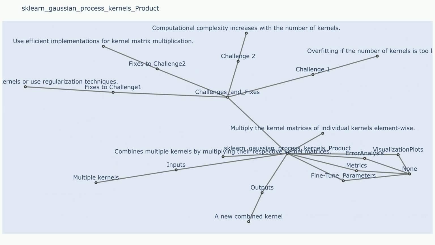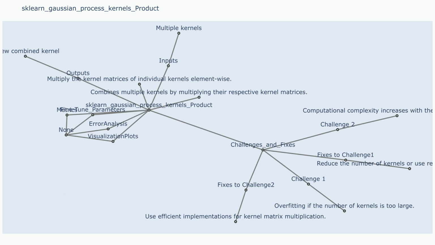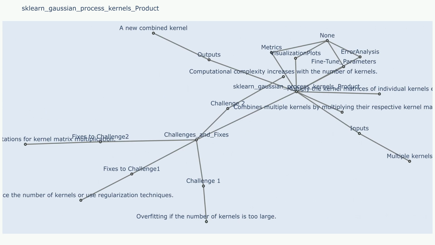Metrics. Metric 1: negative log marginal likelihood (NLML) measures the goodness of fit of the Gaussian process model. Lower values indicate a better fit. Metric 2: root mean squared error (RMSE) measures the average error between the model's predictions and the actual values. Visualization plots.